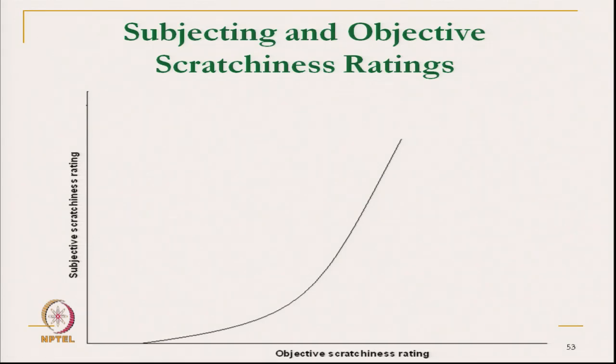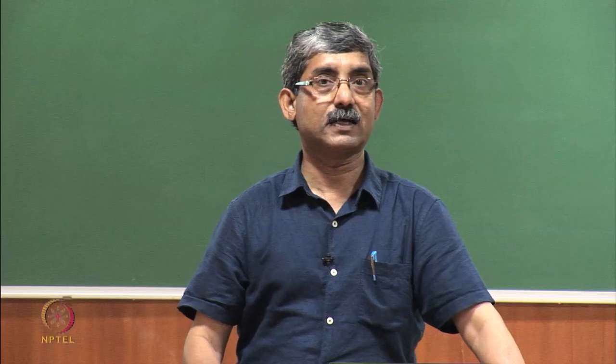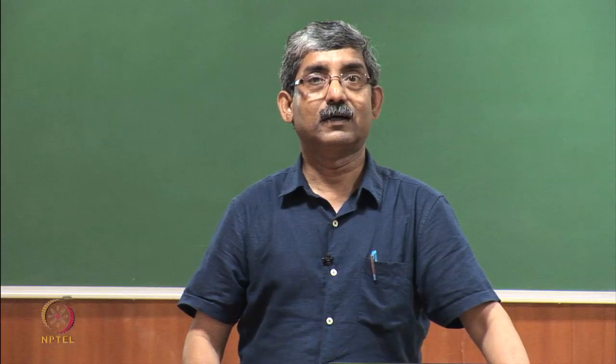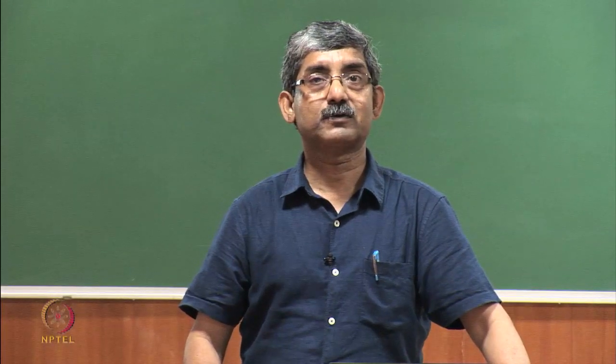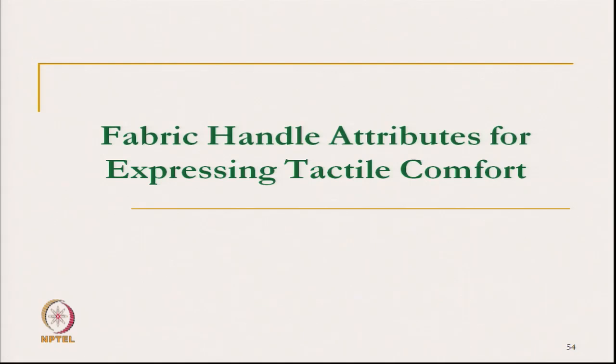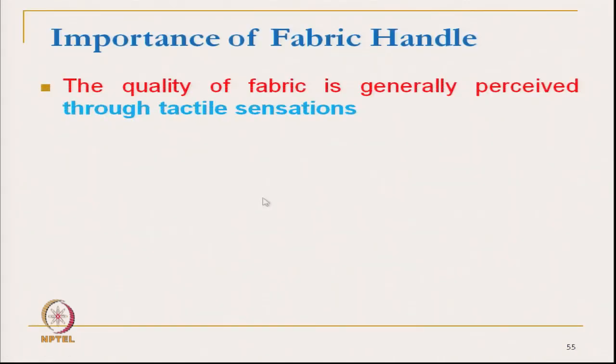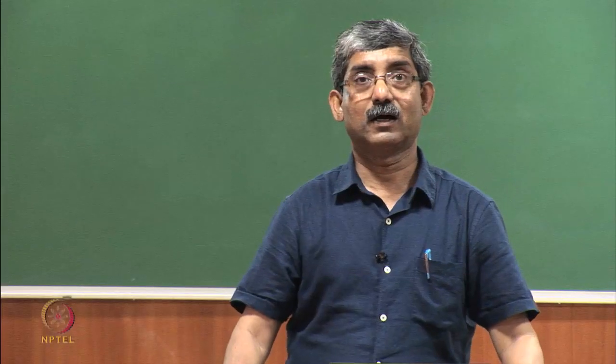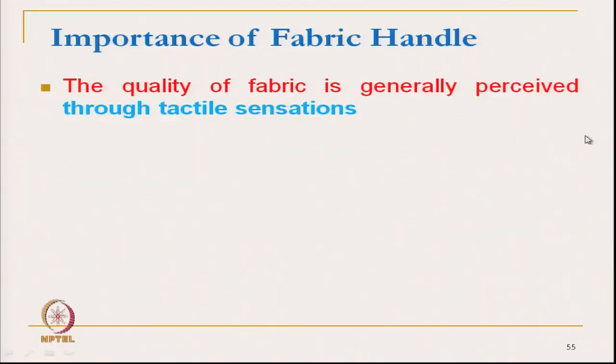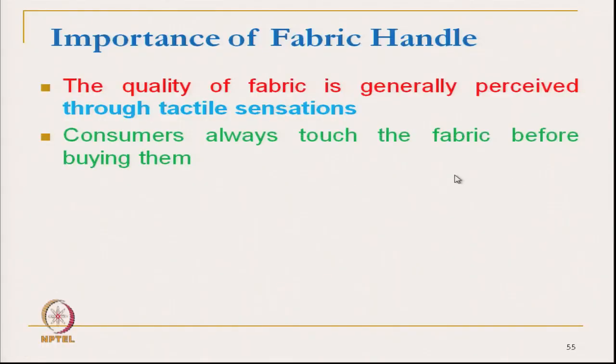Now, what we will discuss is the fabric handle attributes for expressing tactile comfort. There are various fabric handle attributes. The quality of fabric is generally perceived through tactile sensation.